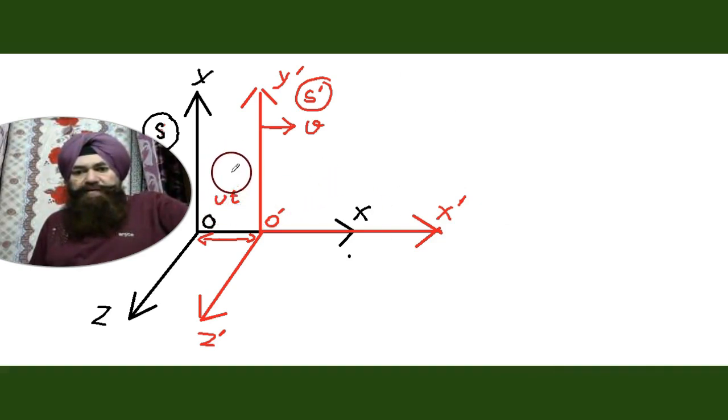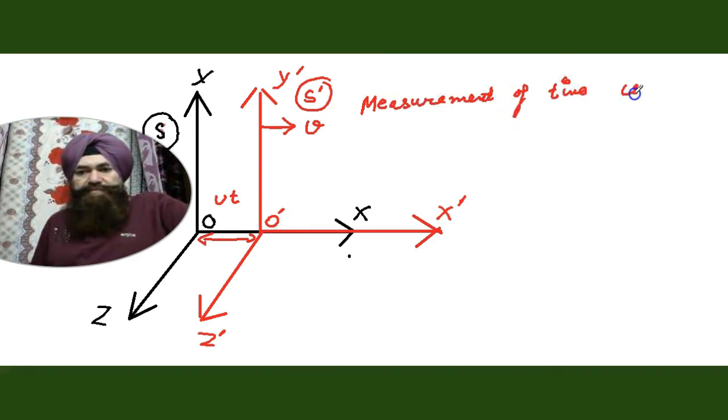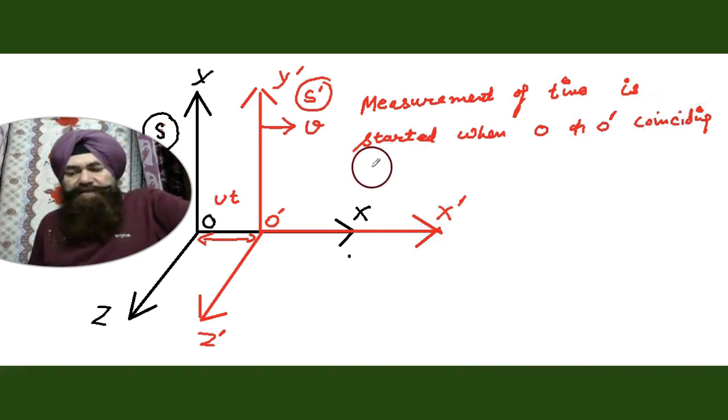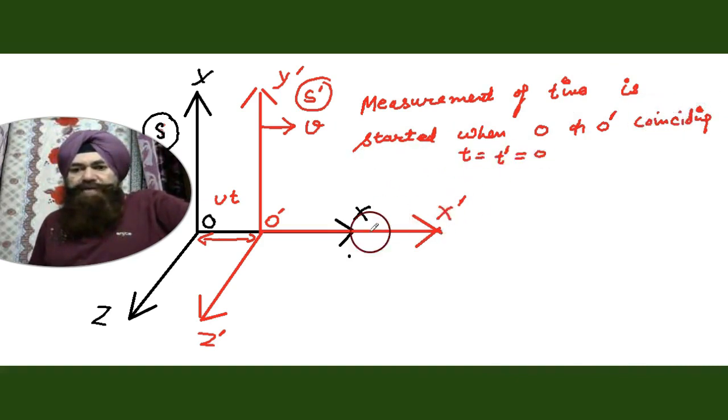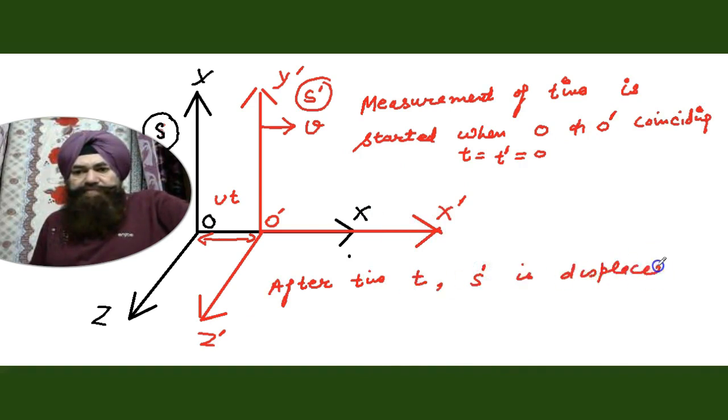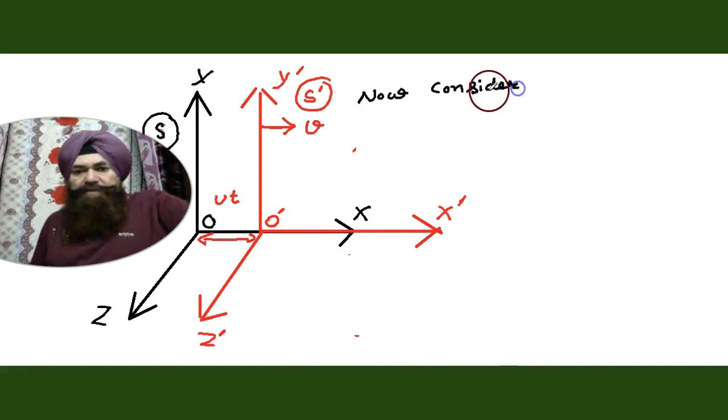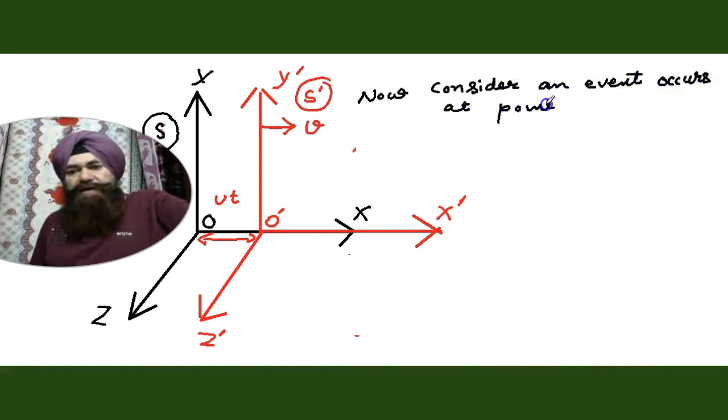Vt. Okay. So this distance O to O dash is Vt. The measurement of time started when O and O dash were coinciding at t equals 0, and at time t, S dash is displaced by the distance O to O dash.